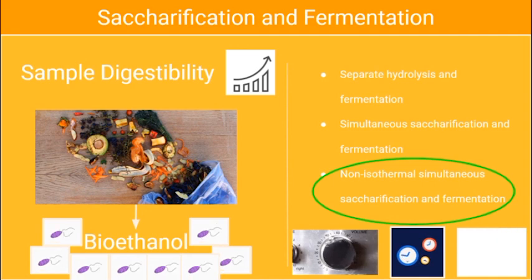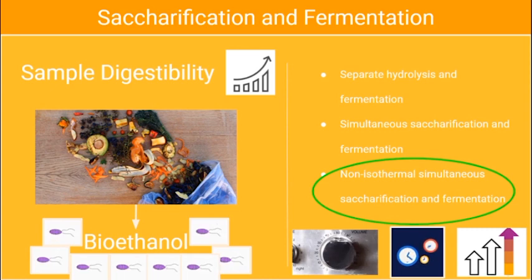For instance, a study conducted using this method acquired a maximum ethanol concentration of 53.90 gram per liter after only 38 hours of fermentation, with the yield of 0.15 gram per gram and a maximum theoretical percentage of 73.26%.